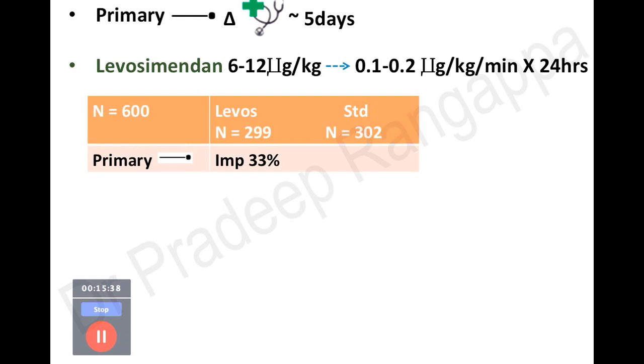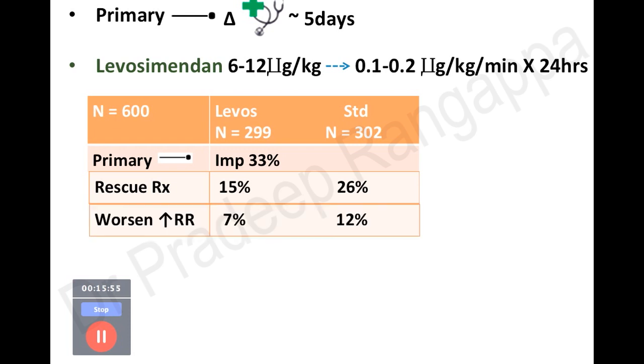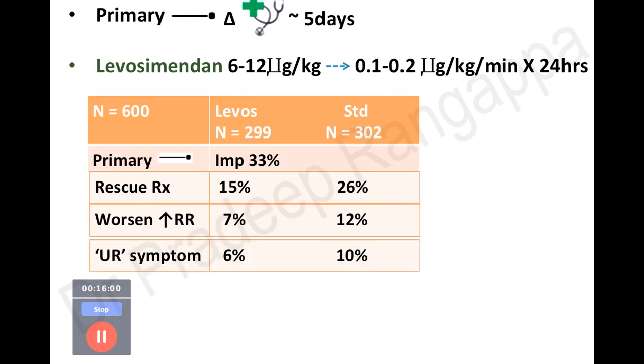So they did see there was an improvement in the clinical symptoms by 33% in the levosimendan group as compared to the standard. So that was the primary endpoint that they were looking into. And the need for rescue treatment was less in levosimendan group, 15% compared to 26%. And worsening of tachypnea also was less in levosimendan, 7% versus 12%.